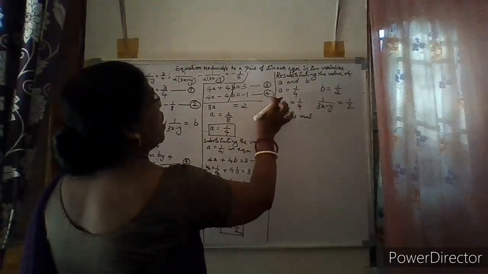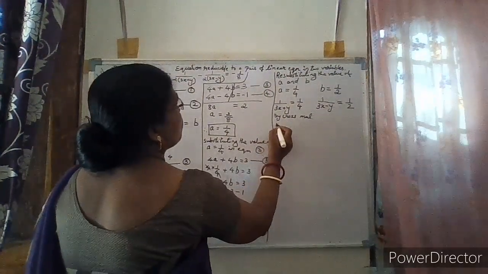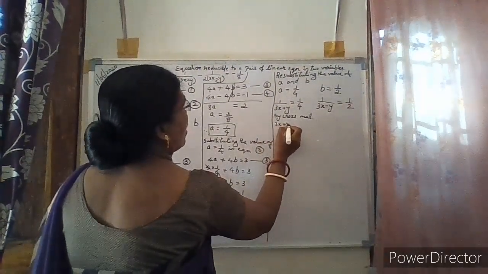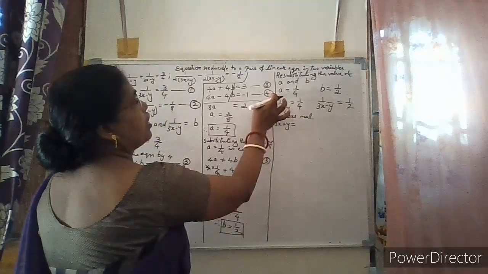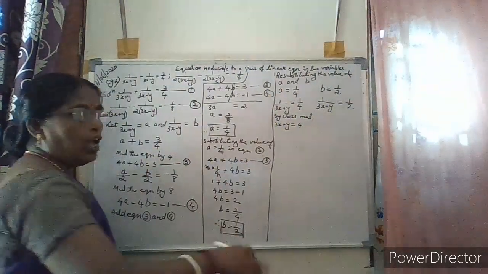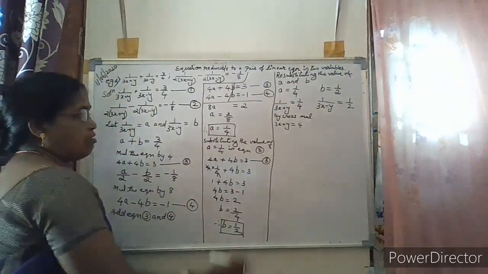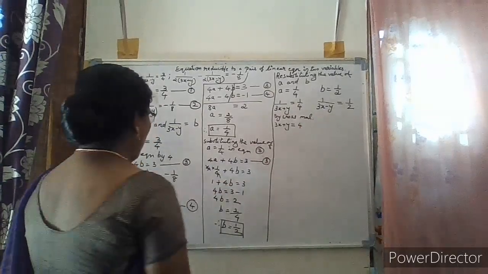So here 1 into this you will get the same. Therefore it is 3x plus y is equal to 4 into 1 equal to 4. Now you see that again we have got a very simple linear equation in two variables.